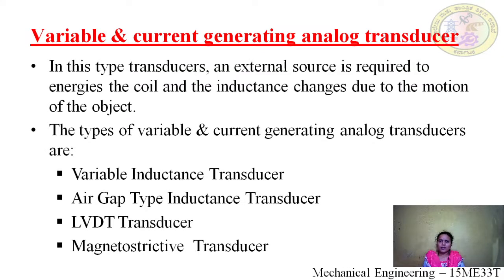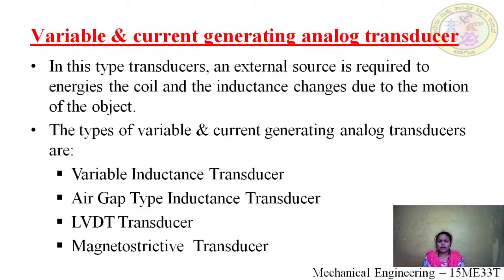There are 4 types of variable and current generating analog transducers. Number 1 was variable inductance transducer, then air gap type inductance transducer, LVDT transducer, and magnetostrictive transducer. These are the 4 types of variable and current generating analog transducer.